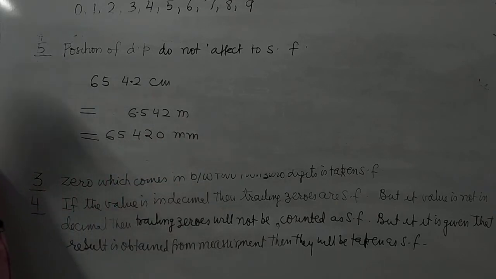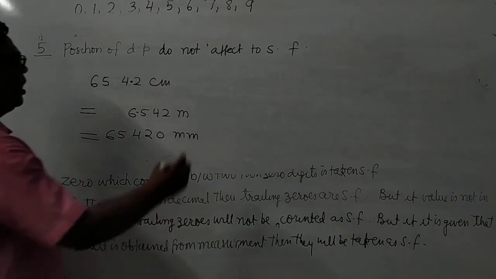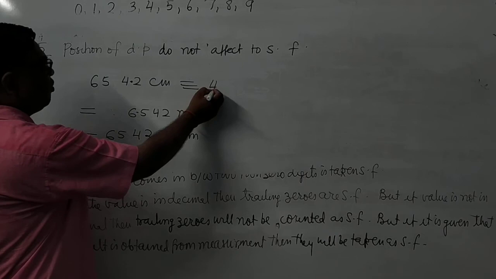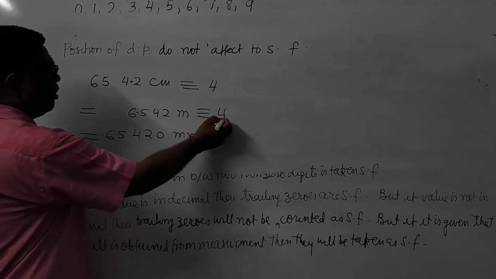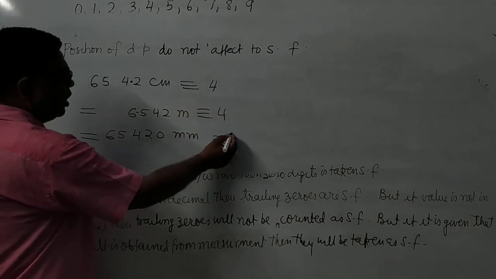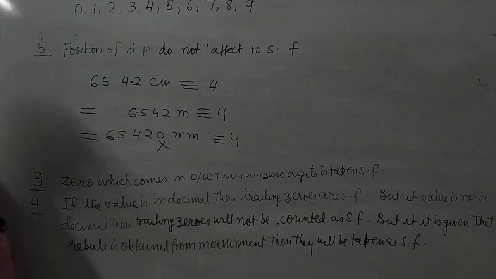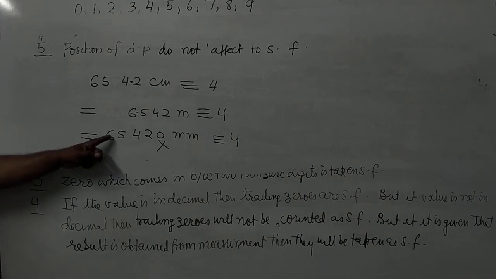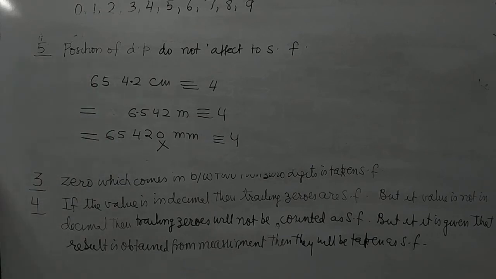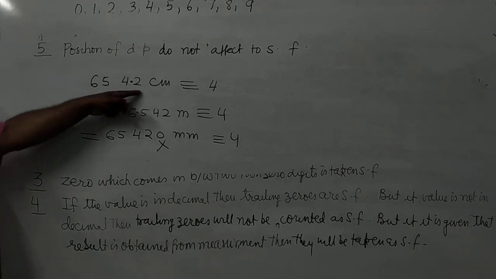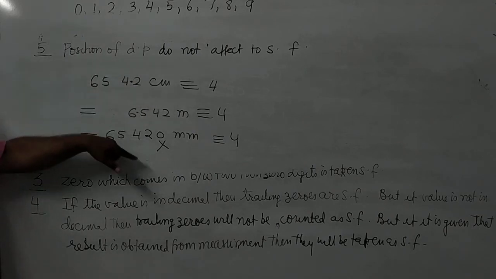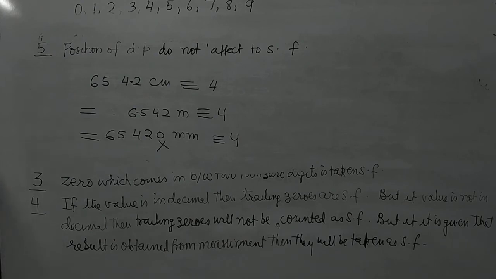It's clear? There are how many significant figures? Here it will be 4, here also 4, and here also 4. This will not be taken as significant figure. And why will it not be taken as significant? Because this has not been obtained by measurement. By measurement we have obtained this value. It's clear? This is after changing the unit. So the number of significant figures will remain 4.